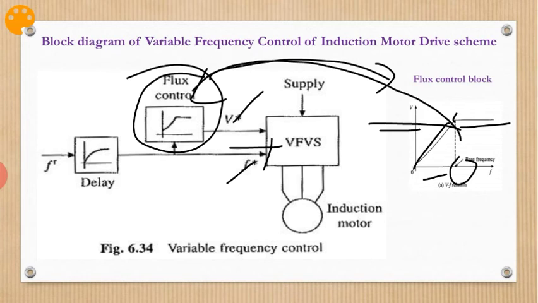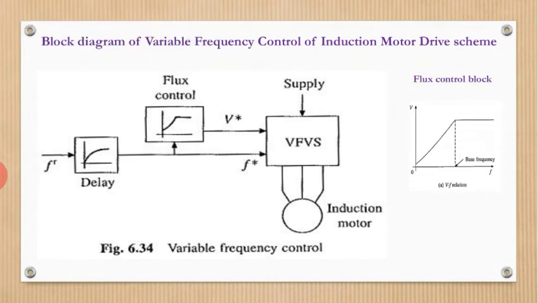And if it goes below the rated flux, what happens? The torque capability will be lost. Hence this flux control block checks these conditions, that is, it checks the relation between V and F. I hope it is clear now.